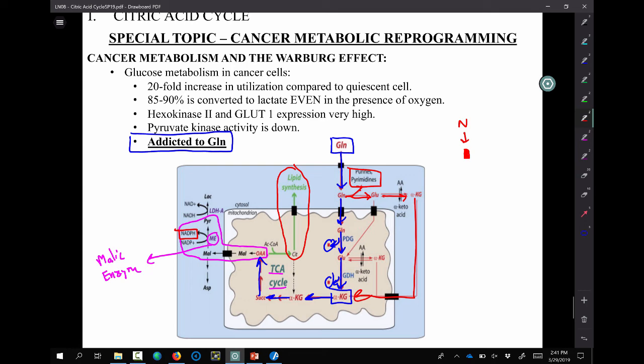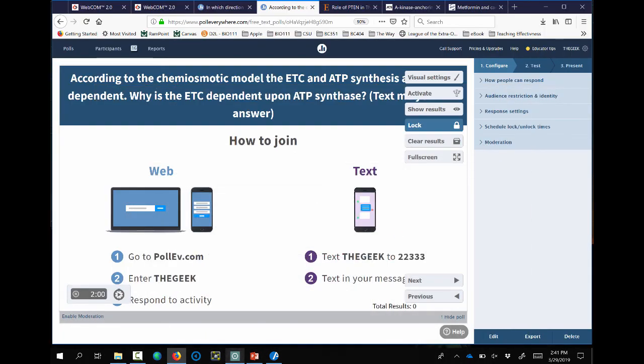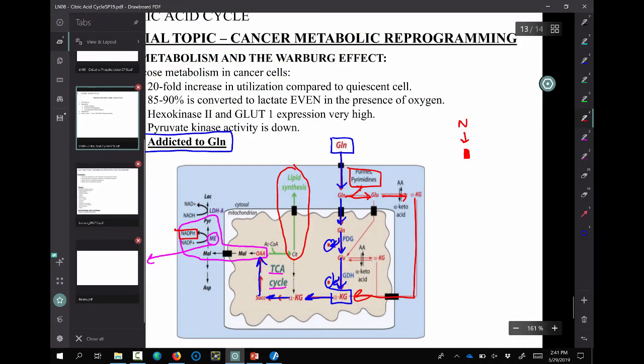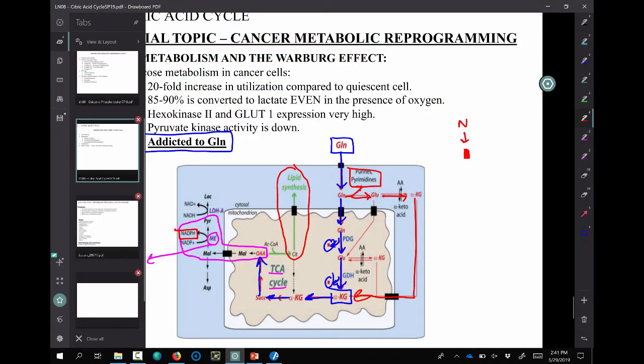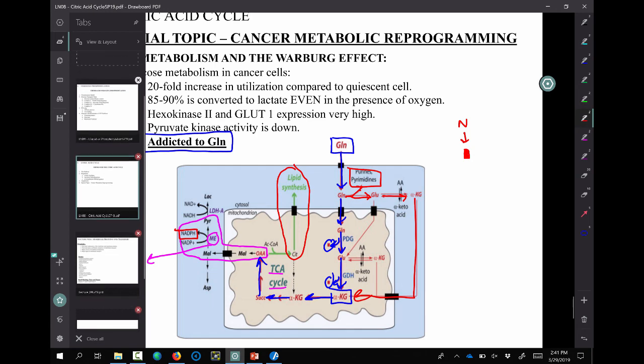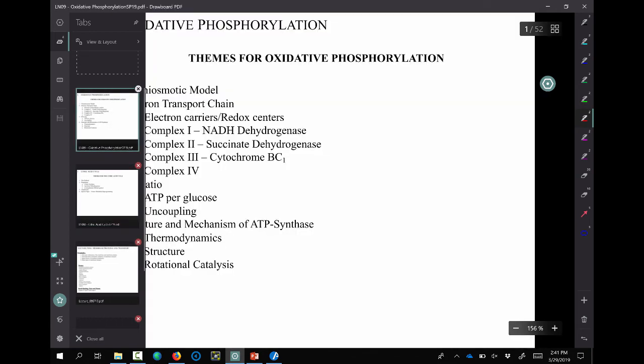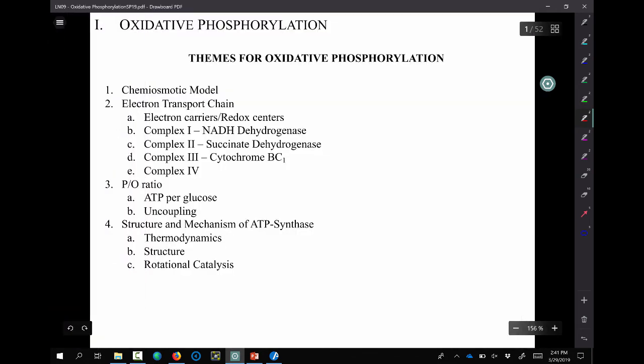Okay, but let's go ahead and do this. Let's switch topics here, and let's go ahead and move to oxidative phosphorylation, okay? So that kind of leaves behind the citric acid cycle, and we enter into oxidative phosphorylation. This is a fairly long set of slides. Lots to cover here.